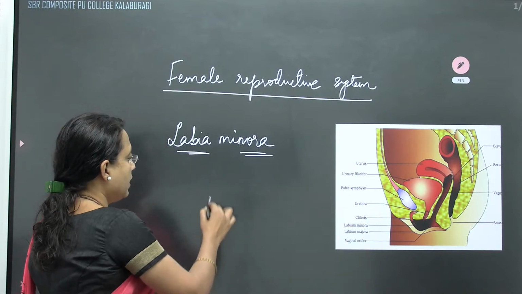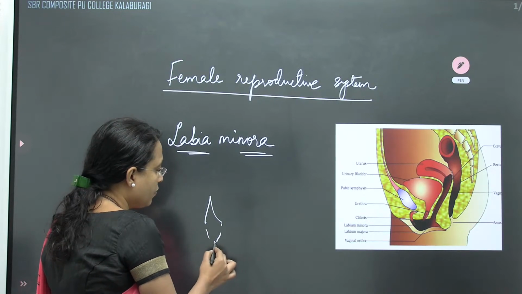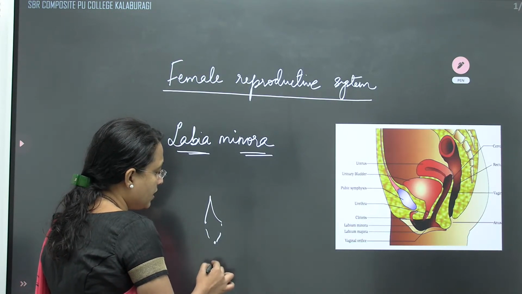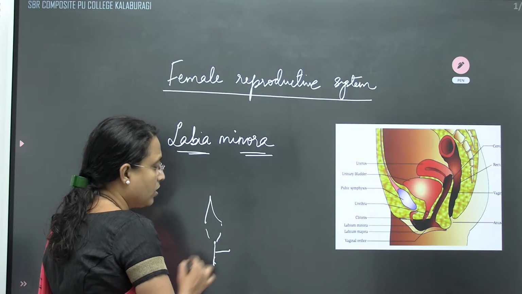Now, posteriorly, the labia minora will fuse at the fourchette. The distance between the fourchette and the anus is called the perineum.